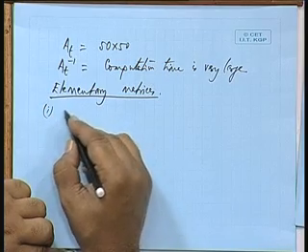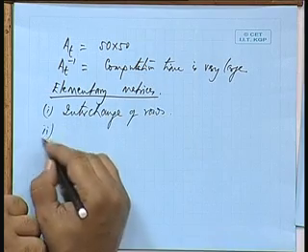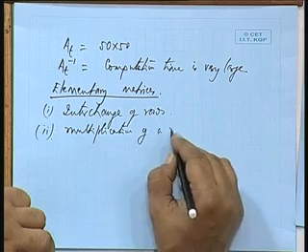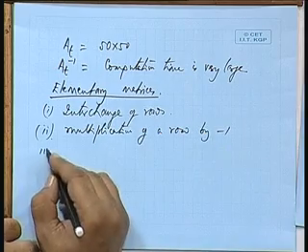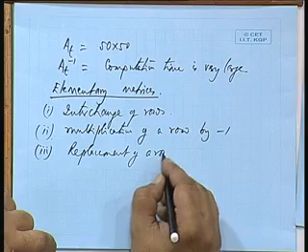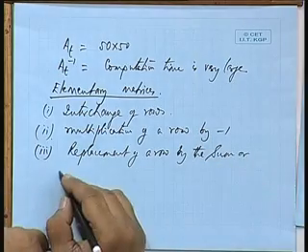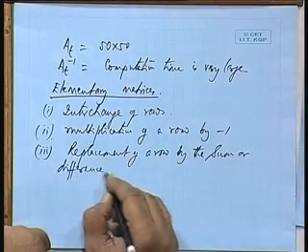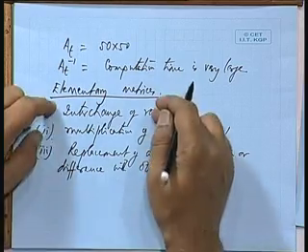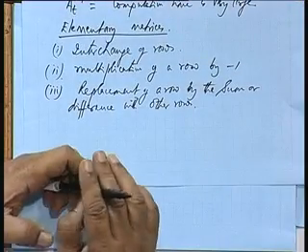The operations are interchange of rows, then multiplication of a row by -1, and the third one was replacement of a row by the sum or difference with other rows. Now, if we carry out these 3 operations on a unity matrix, we get elementary matrices.